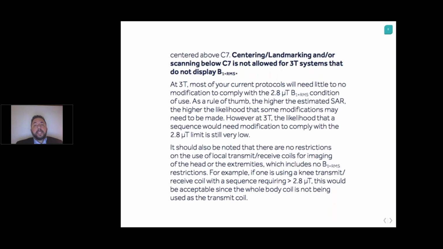Also, and again, as previously stated in this discussion, when we are utilizing local TR coils or transmit receive coils, there is no restriction for B1+RMS. There is no risk of an excess of thermal induction.